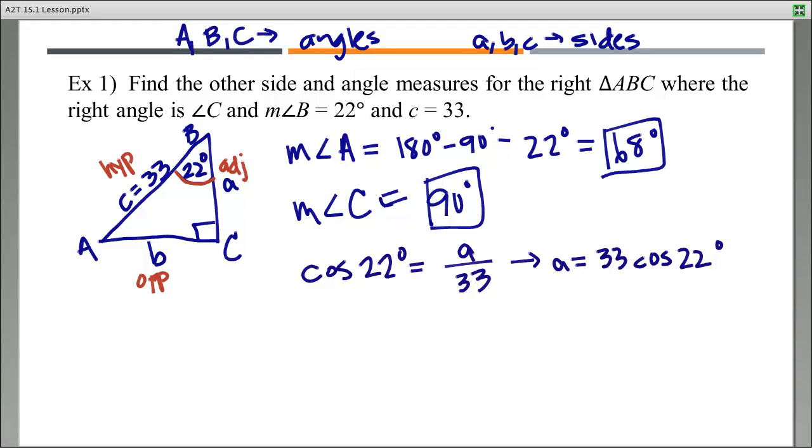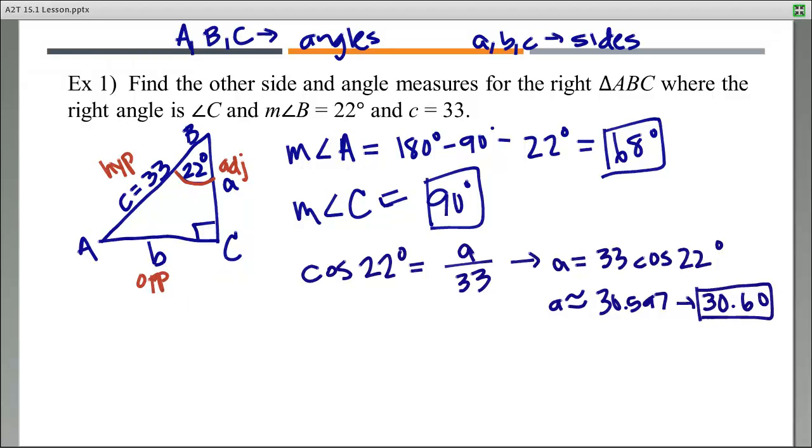When you put in 33 times the cosine of 22 degrees, that will give you that a is approximately 30.597, and they told me 2 decimal places, so 30.60. All right, so that's side a.